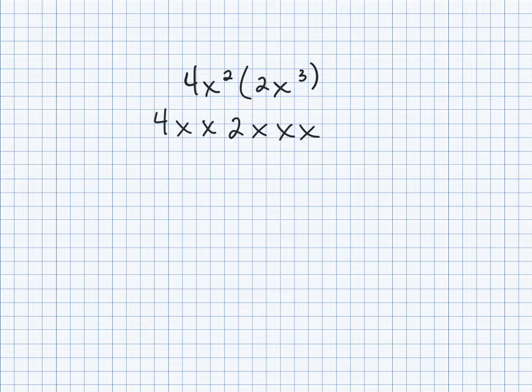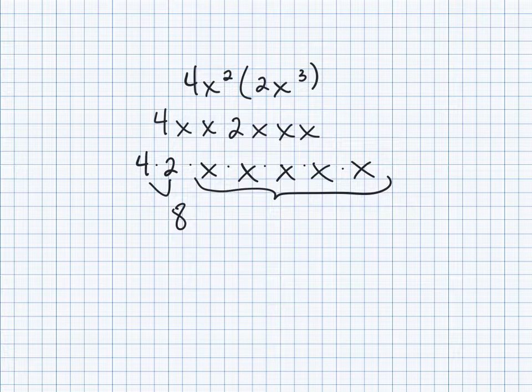So this x times x, that's our x to the second. X times x times x, that's our x to the third. And now I can just swap my order here. So what I really have is 4 times 2 times x times x times x times x times x. So if I just look at my coefficients, 4 times 2 is 8. X times x times x times x times x is x to the 5th.